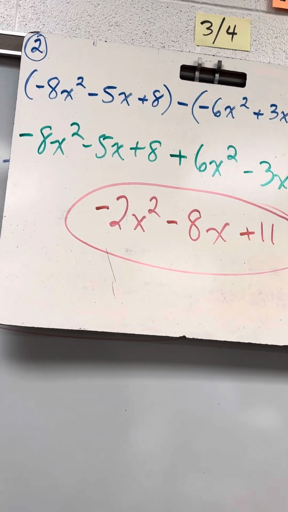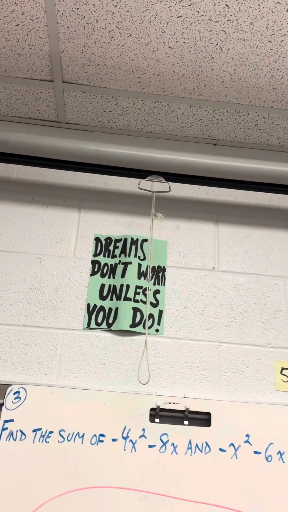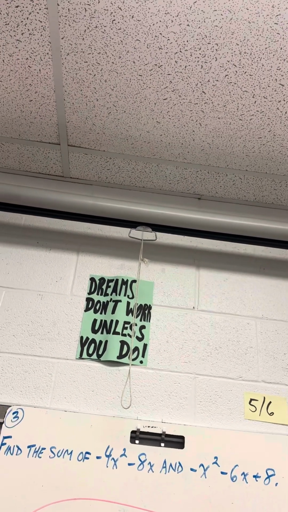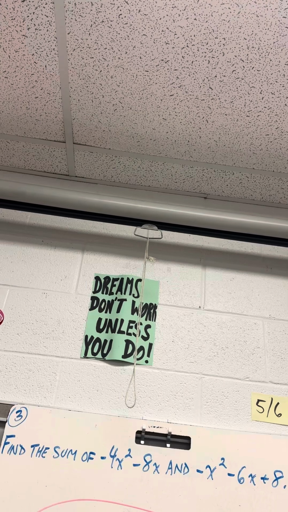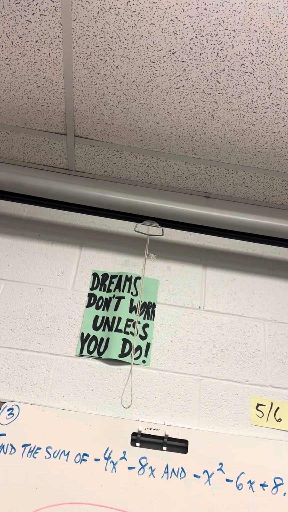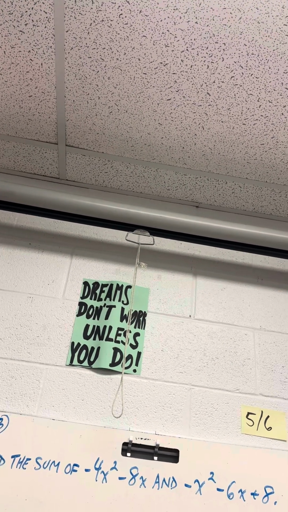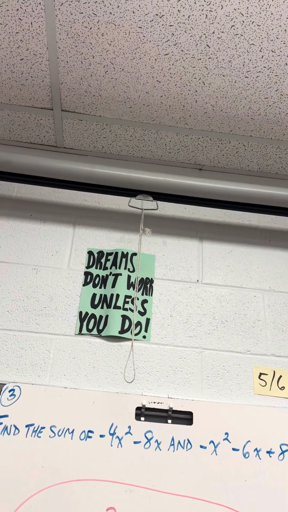Okay. Don't be afraid of the words. Find the sum. Sum means addition. The answer to an addition problem. Find the sum of negative 4x squared minus 8x and negative x squared minus 6x plus 8. Okay.